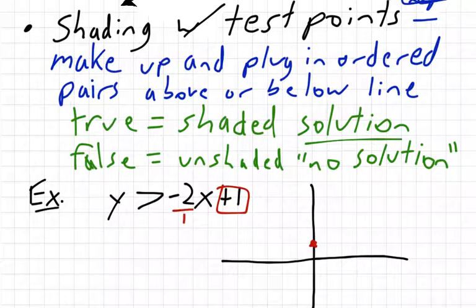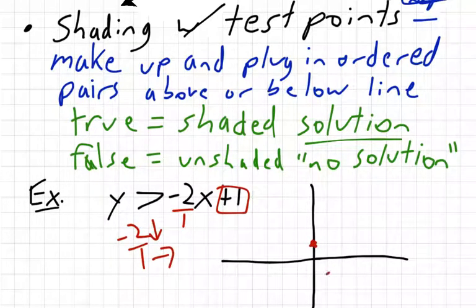And then my slope is negative 2 over 1, which tells me down 2 and right 1. So I go down 2, right 1, down 2, right 1, or I can go the opposite, which is up 2, left 1. Up 2, left 1. And I know it's a dotted line because it doesn't have that equal to symbol.